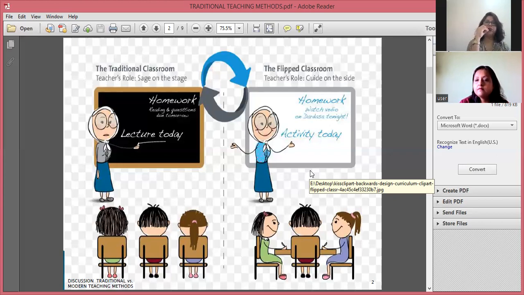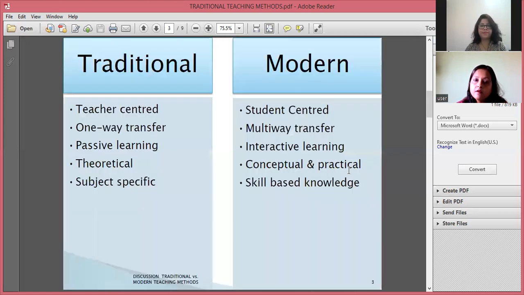Okay, which is the next one? In the next slide, we saw the differences of traditional and modern method. Number one, the traditional method is teacher centered. On the other hand, the modern method is student centered.